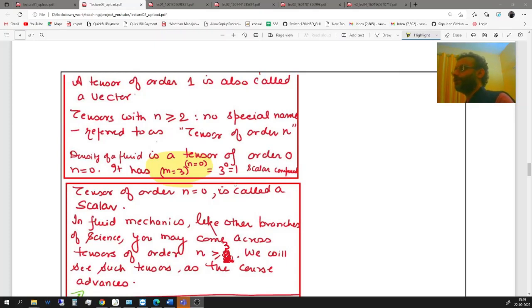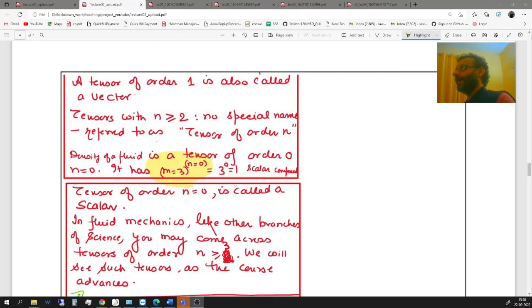We simply refer to that tensor as a tensor of order n. Density of a fluid, another example, is a tensor of order 0. So it will have n equals 0, and accordingly it will have 3 raised to the power 0, that is 1, scalar component. Tensors of order 0 are also called scalars.